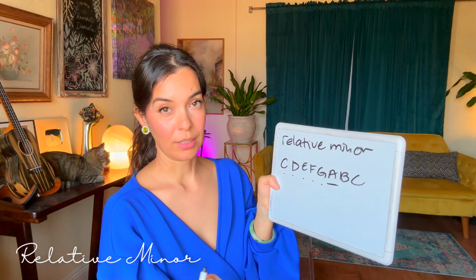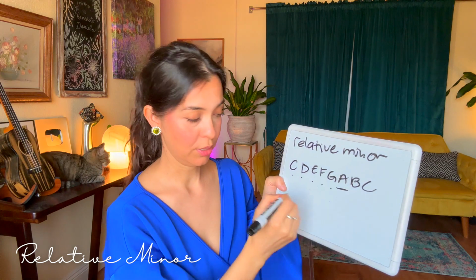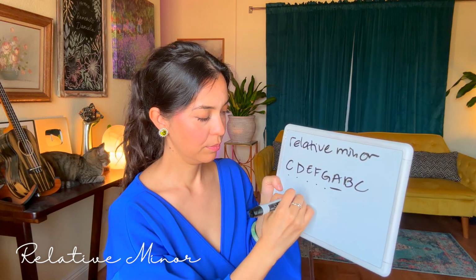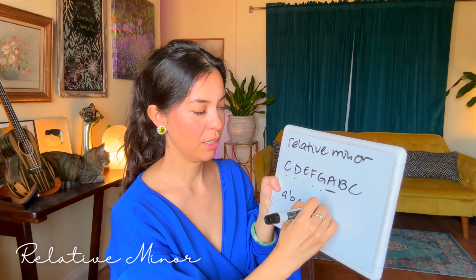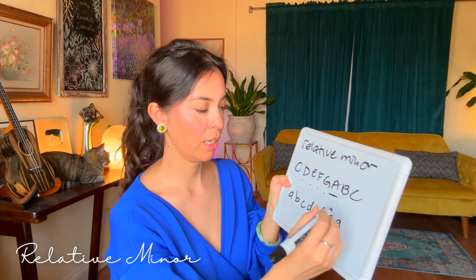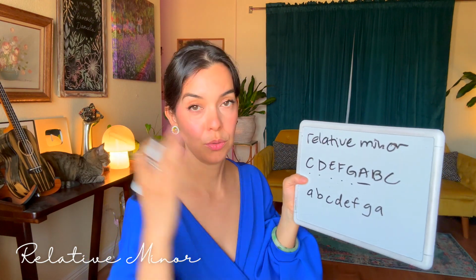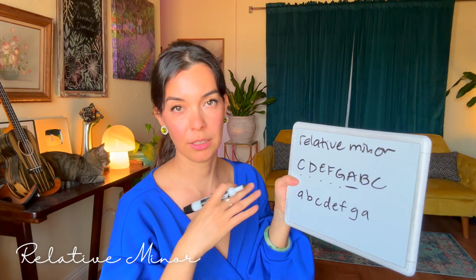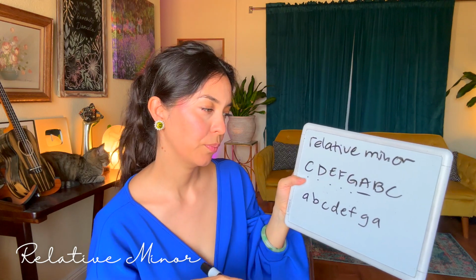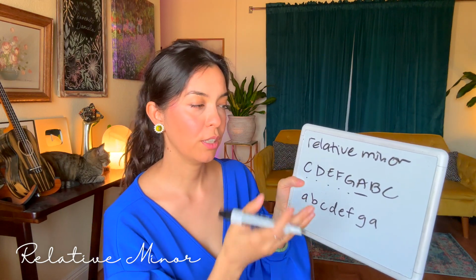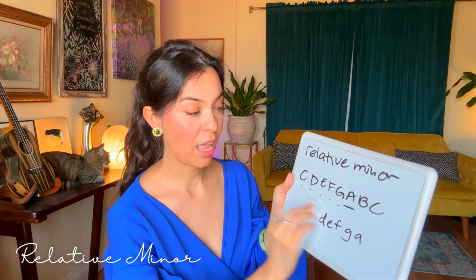And you rewrite the scale starting from that point using all the same notes. Now, typically when something is minor, you'll see it written in lowercase, but you don't have to. It's just an option so that you in your head know, that's minor. It's just a very quick communication tool. So that's how you find the relative minor. You go to the 6th scale degree of any scale.